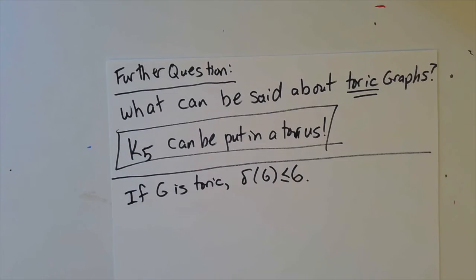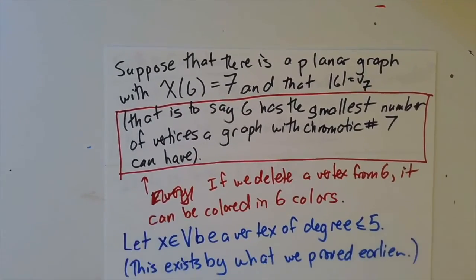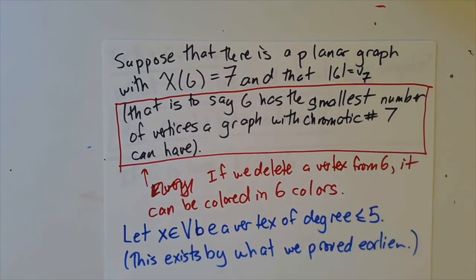And then I want to think through our proof of the 6-color theorem. Namely, our proof of the 6-color theorem started by saying, okay, suppose that I have a planar graph which requires 7 colors.